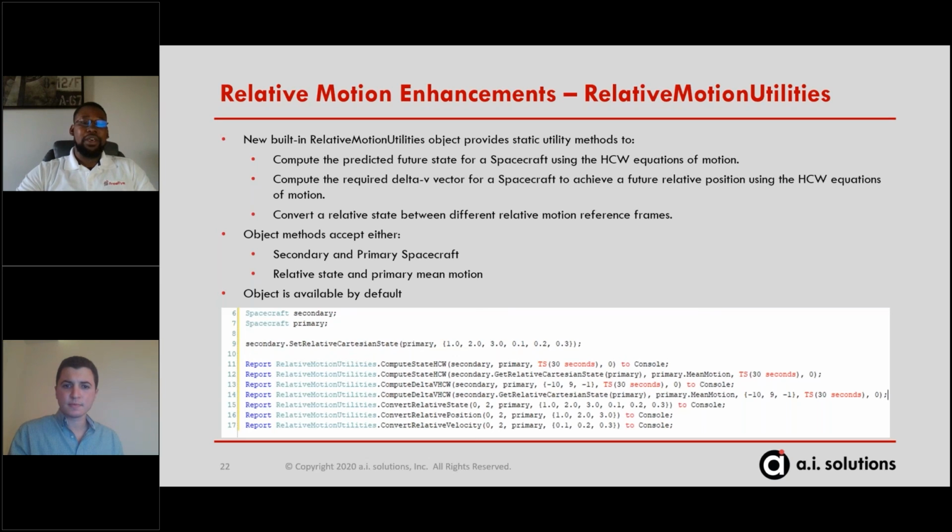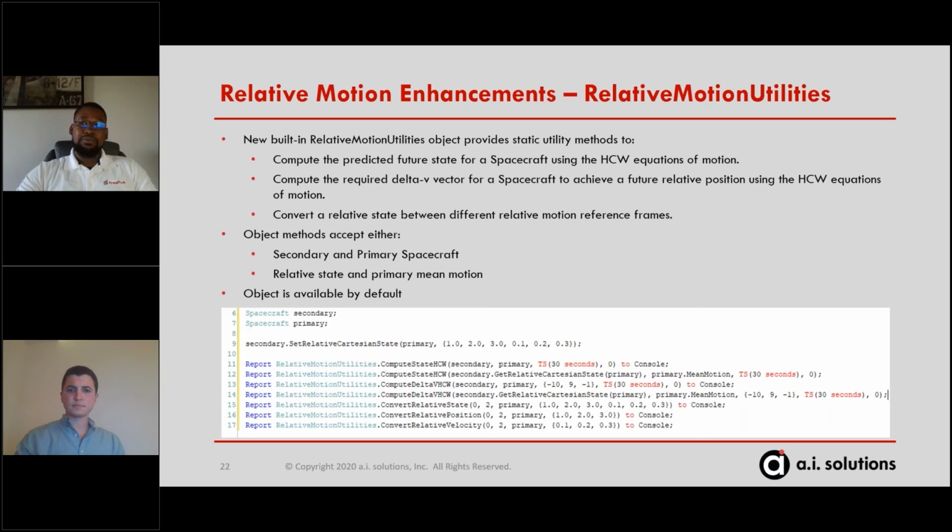The only catch, or the only assumption by the HCW equations of motion, is that your primary spacecraft is in a circular orbit, and that the distance between your primary and secondary spacecraft is no larger than the distance to the shared central body.